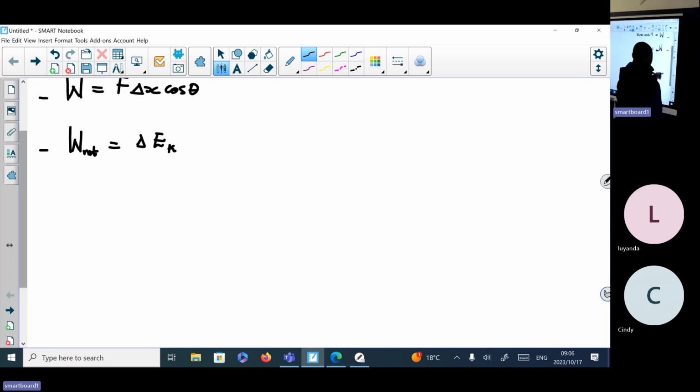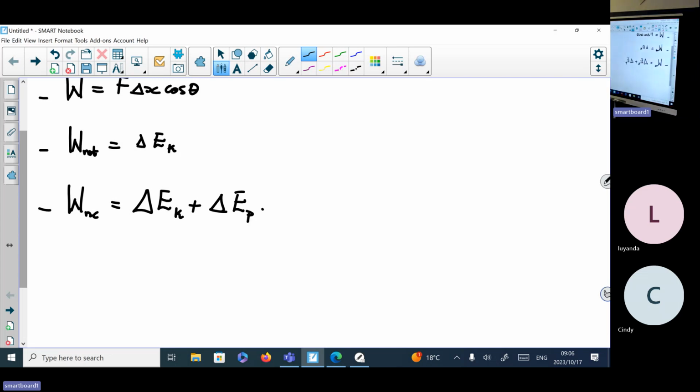Then we went on to looking at work done by all the non-conservative forces acting on an object, such as friction. And then we've said to you this will be equal to the change in kinetic energy plus the change in potential energy.